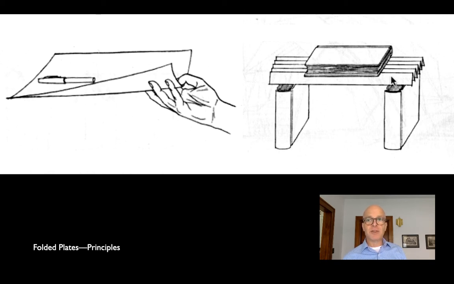Again, you can think of the top and bottom fold as being analogous to the flanges on an I-beam, and the piece of paper between is basically functioning as a web, taking up the shear forces, making those two flanges resist together. Now, if you think through this scenario, the book on the folded piece of paper, very quickly you realize what will happen. The piece of paper will flatten out. It'll spread out, it'll flatten out, and the book will collapse.